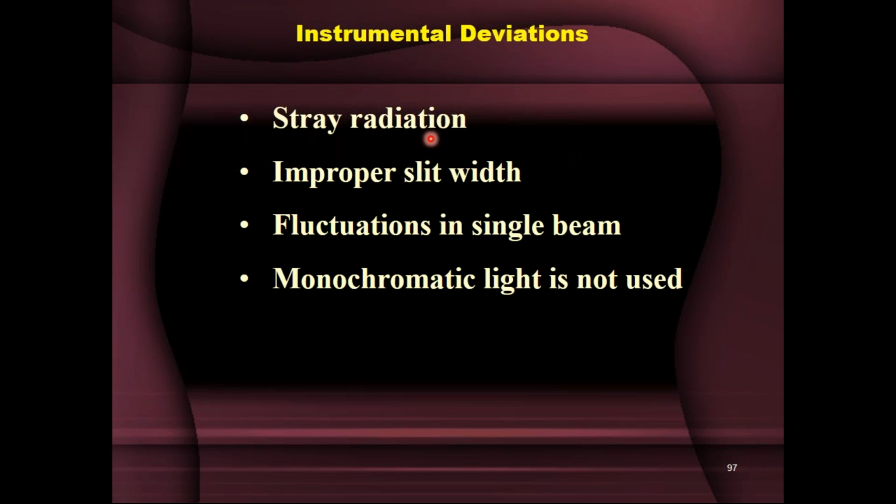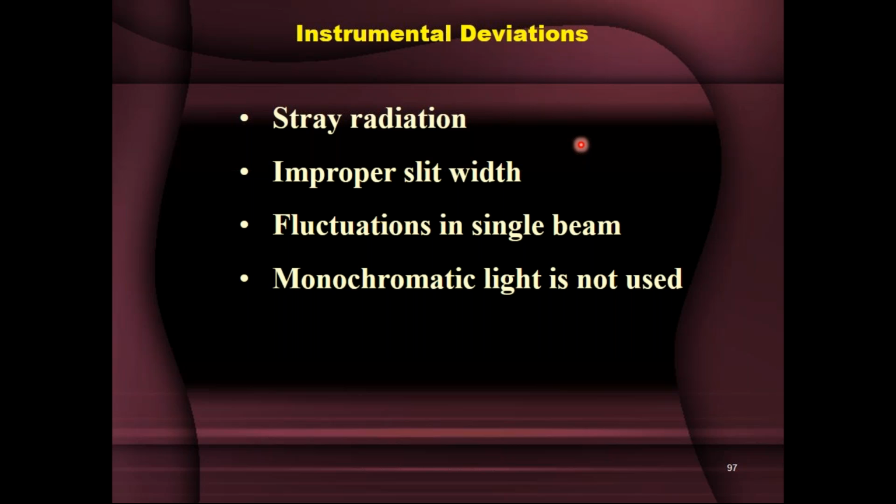It may undergo reflection multiple times because it may hit some other surface, then again get reflected, hit some other surface, and finally reach the detector without even passing through your sample. So the presence of stray radiation has to be minimized. How can you minimize this? By ensuring that all transparent components are transparent.